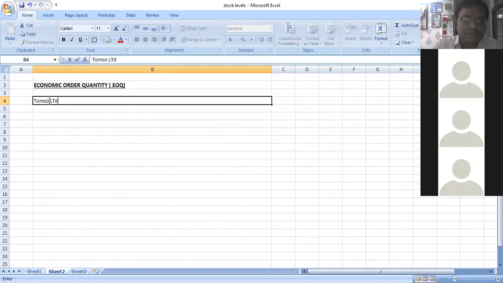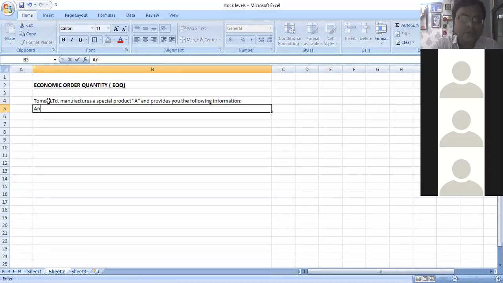Tomco Limited manufactures a special product, that is A. This is the name of the product, and provides the following information. Whenever I am typing, you have to read this question as well for your understanding purpose. Now annual demand.